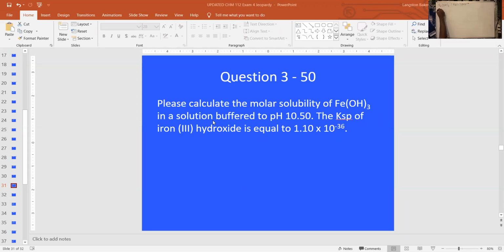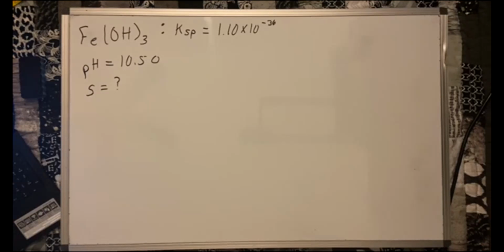And then we're looking for solubility where we have a pH of 10.50. Remember, everyone, molar solubility is the s. Molar solubility is our s. Okay, hopefully you got that in some way, shape, or form. I wrote down the gist over here.